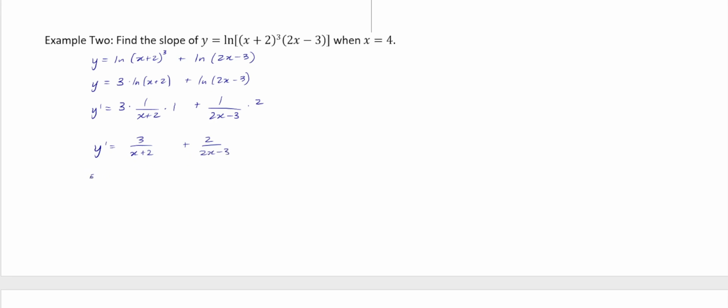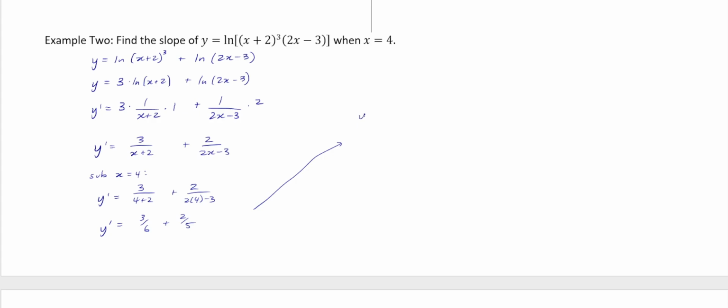Now what I'm going to do is sub x equal to 4, because that's what the question's asking me to do right here. So then I get y prime is equal to 3 over (4 + 2) plus 2 over (2 times 4 - 3). And then when I go ahead and simplify all this, I'm going to get 3 over 6 plus 2 over 5.